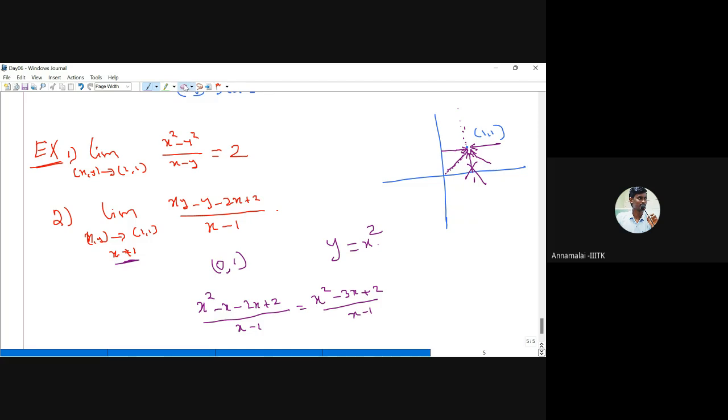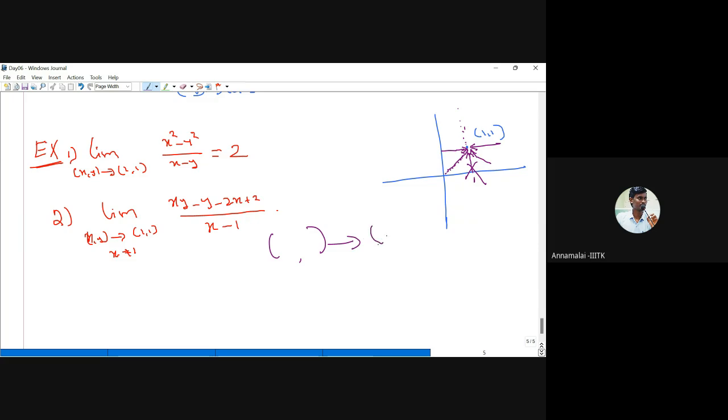Okay, can anyone give any sequence that approaches that point 1, 1? You can choose a sequence that approaches 1, 1, that is a coordinate-wise convergent sequence.